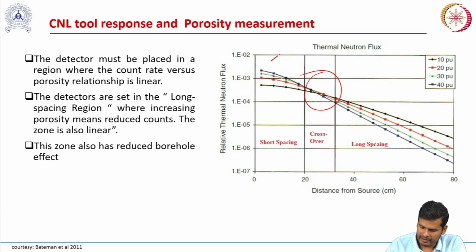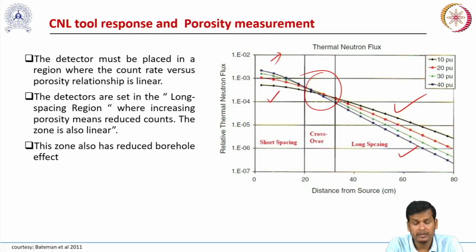In the first region, which is also linear, there is one relationship between the count rate and the thermal neutron flux, and the second region, which has long spacing, also has a relationship between the count rate and the porosity or the hydrogen index, and again this relationship is linear. So should I place my detector here or here?